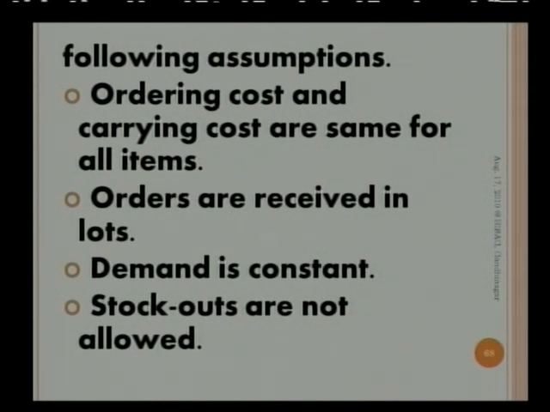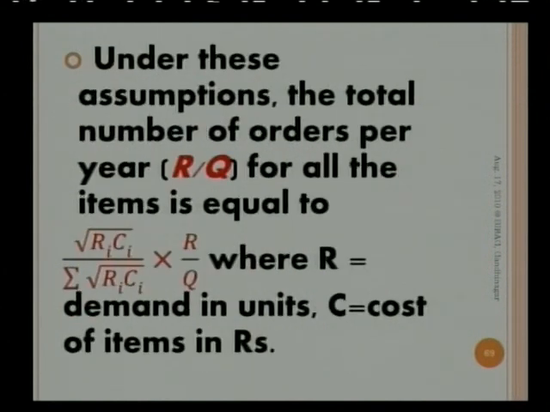First, ordering costs and carrying costs are the same for all the items. So we assume that ordering costs will be the same for whatever number of items we store, and the same with carrying costs. Orders are received in lots, demand is constant, and stockouts are not allowed.